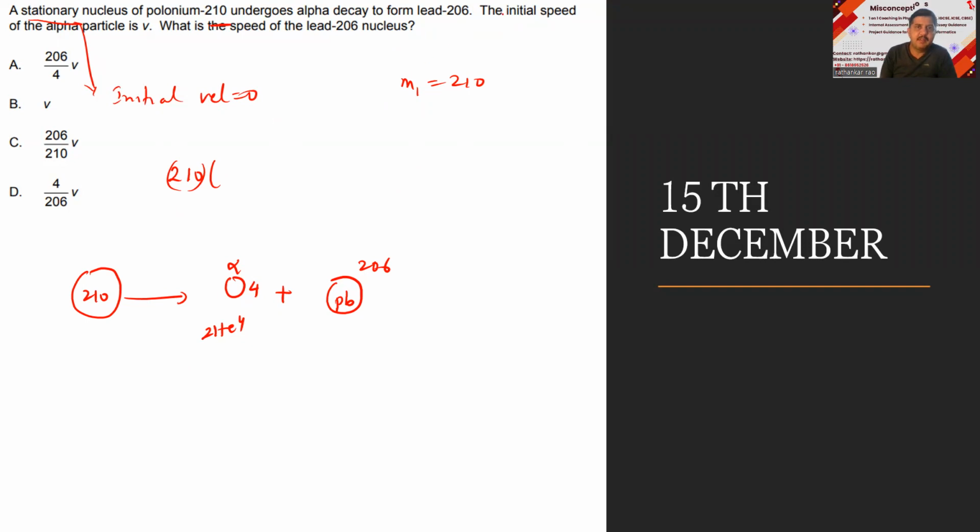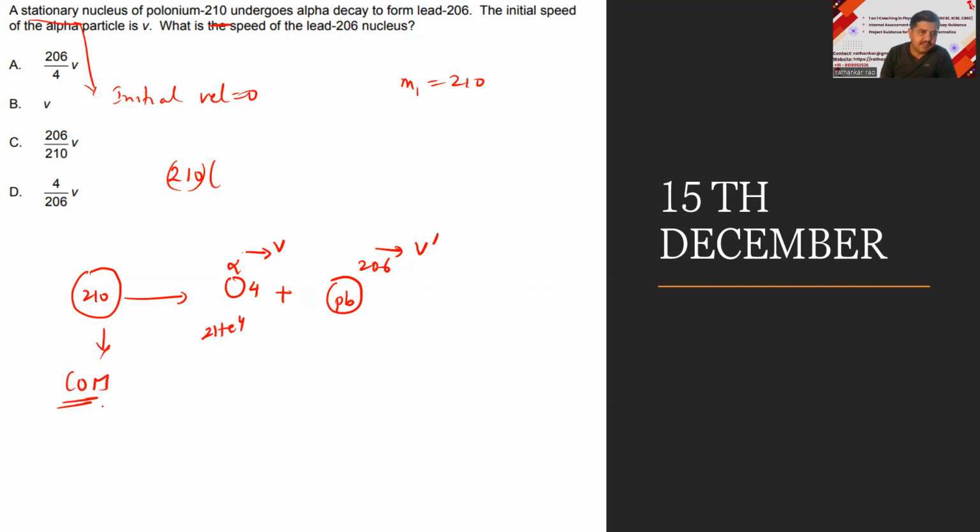Now, the initial speed of the alpha particle, this is now moving at the speed v. What is the speed of the lead nucleus? Let me call this v dash. Now, how do we do this? Why did this split? Internal force. Whenever there is an internal force, you should apply conservation of momentum.